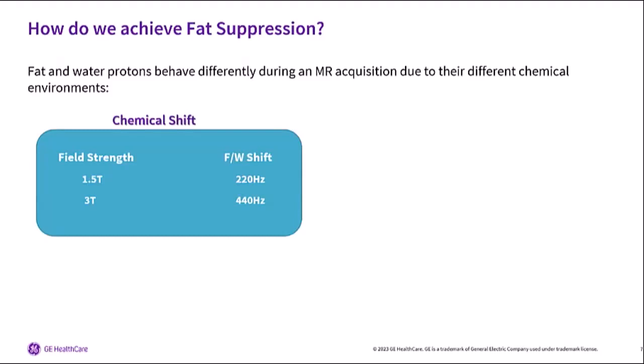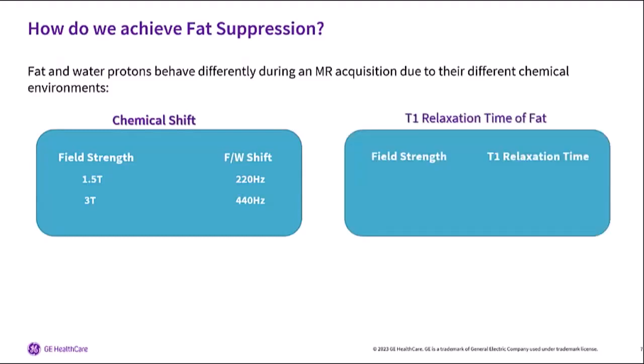The frequency is different at 1.5 and 3T, as we can see in this PowerPoint. And the other difference is the T1 relaxation time. The T1 relaxation time of fat is different to the water, and knowing this will allow us to apply inversion pulses and then acquire when there's no signal coming from the fat tissue.